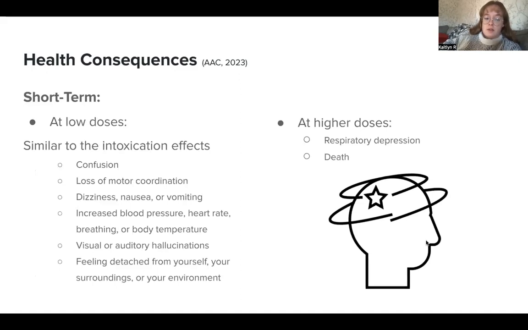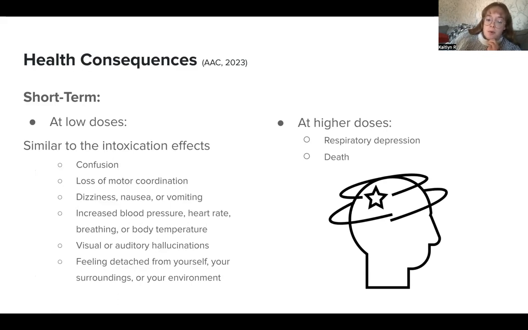Health consequences of using or abusing ketamine: short term at low doses. The health consequences are similar to the intoxication effects. So, again, it can cause confusion, loss of motor coordination, dizziness, nausea, or vomiting.